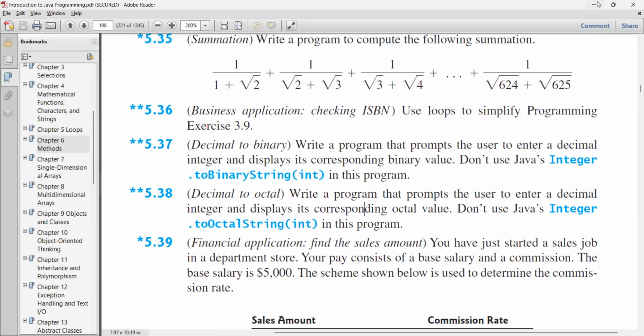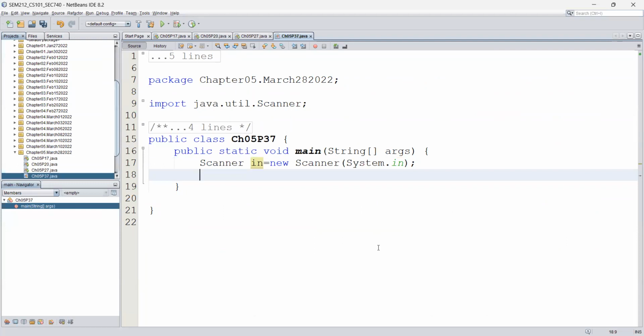The user is to enter a number. Okay. So let's give a message to the user: Enter a decimal number. The user will enter a decimal number.